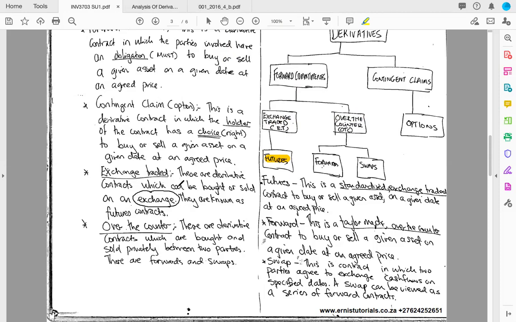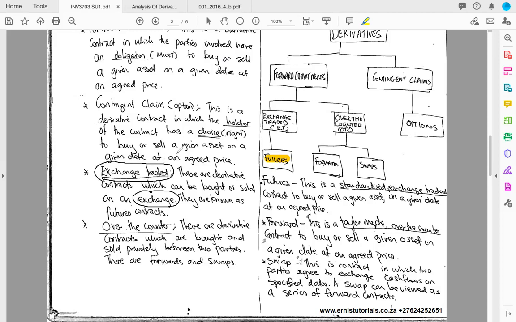So let's say I want a contract to be able to buy or sell MTN shares sometime in the future, right? I can enter into an exchange traded contract. I can go to the exchange and I can enter into a transaction with the exchange in which the exchange will agree to sell shares to me at an agreed price 3 months from now or a year from now.